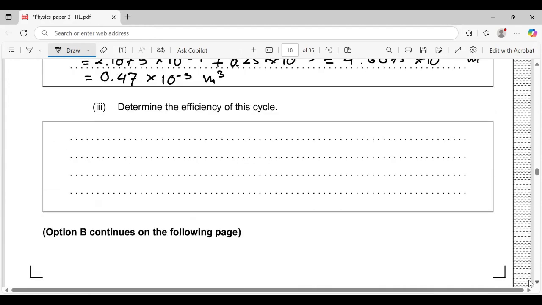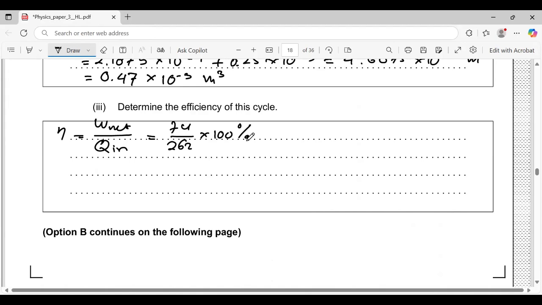Next question. Determine the efficiency of this cycle. Now, efficiency of a heat engine equals net work over Q in, which is 74 over 262 times 100%.